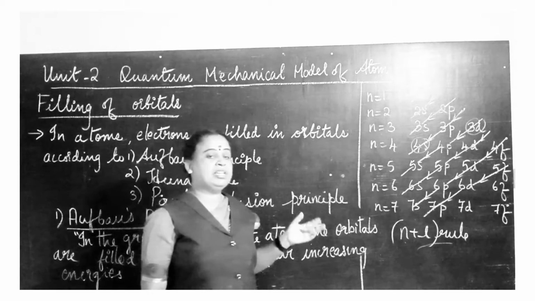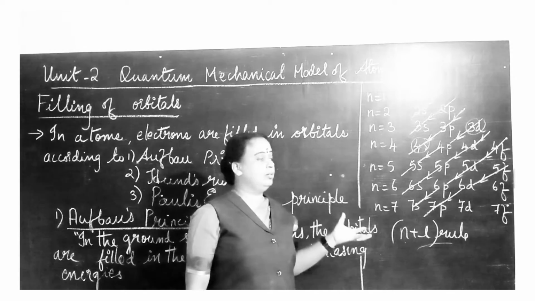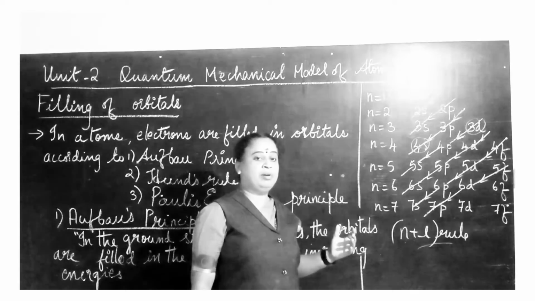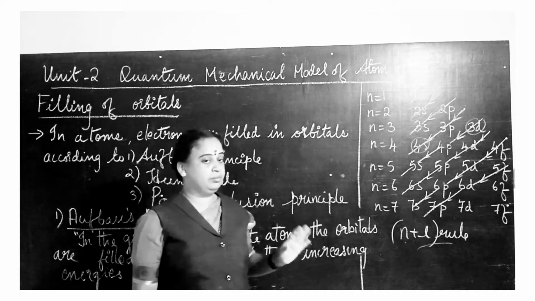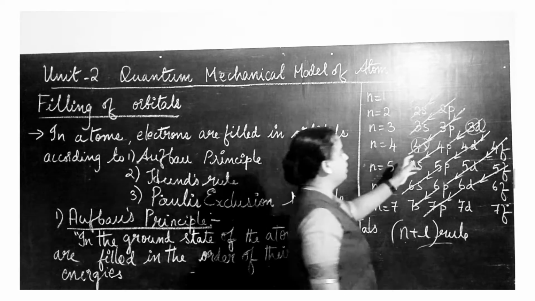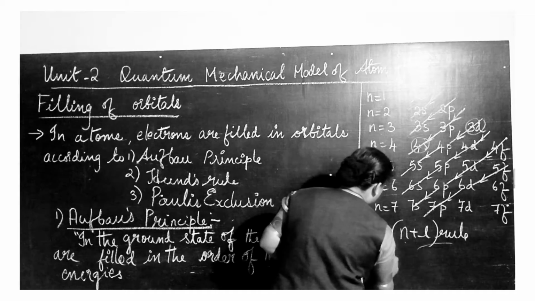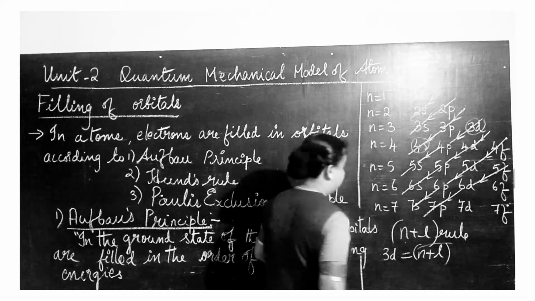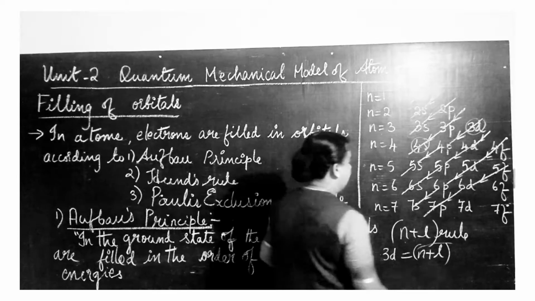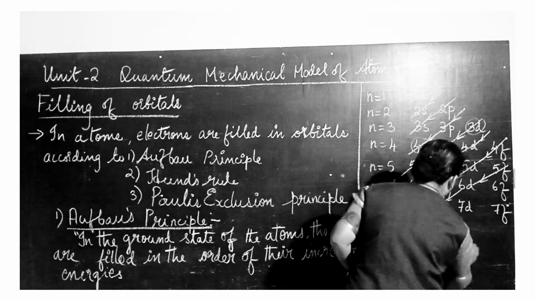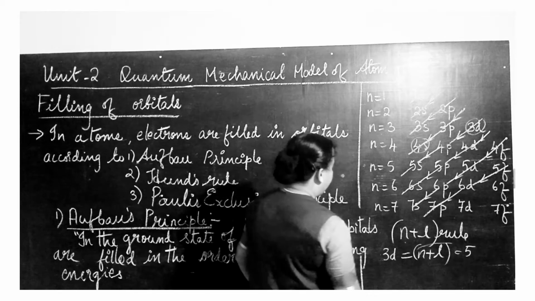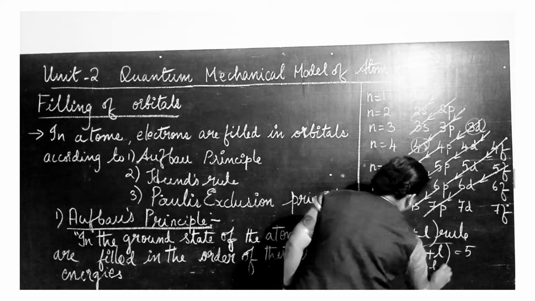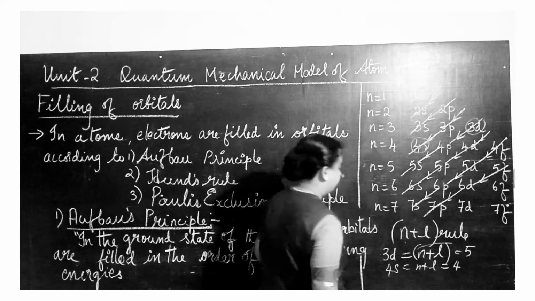Some orbitals will have the same n plus l value. In that case, the orbital with the lower principal quantum number will have the lower energy. Now when we look at 4s and 3d, for 3d the n plus l value is equal to 5, whereas for the 4s orbital the n plus l value is equal to 4.